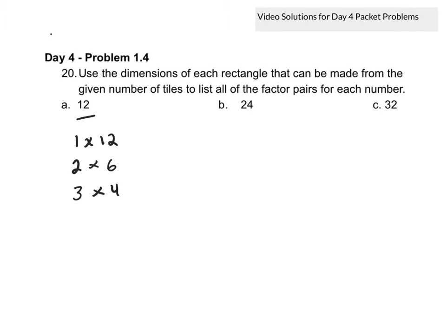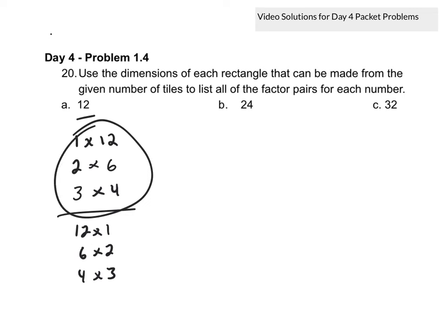Remember, each of these can be written the other direction, but they're still the same factors. So 12 by 1, 6 by 2, 4 by 3. So really just one's fine. The number 24, so this is another composite number.